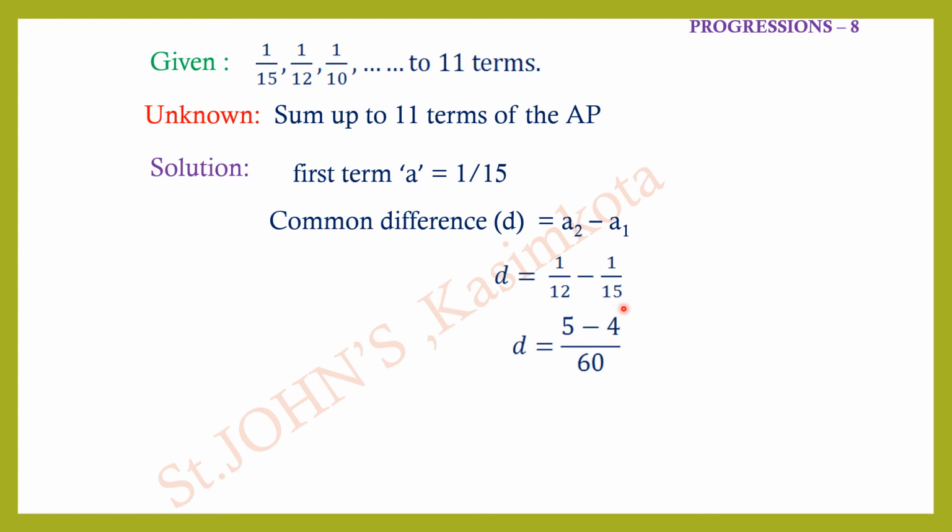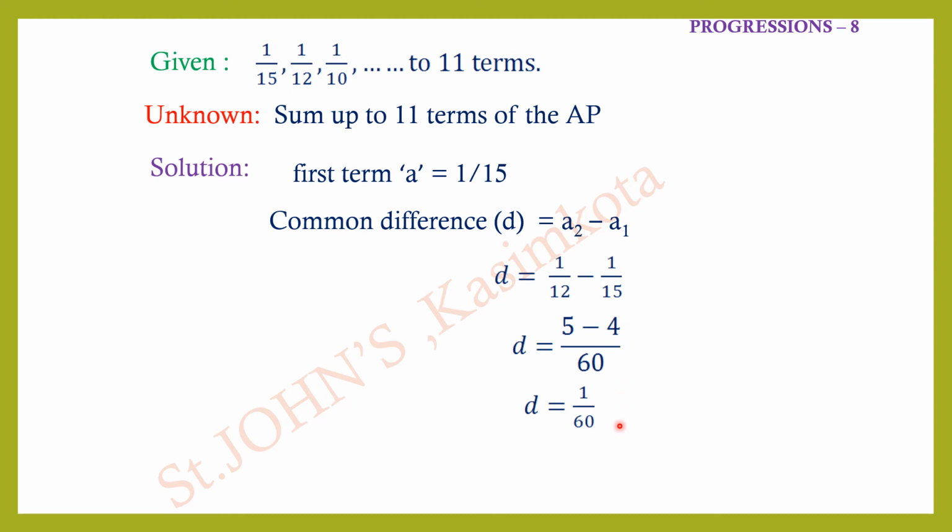In the 12 table, how many times is 60? 5 times, so 5 into 1 is 5. In the 15 table, how many times? 4 times, so 4 into 1 is 4. So 5 minus 4 we get 1, giving 1 by 60. Therefore the common difference d equals 1 by 60. Understood or not?